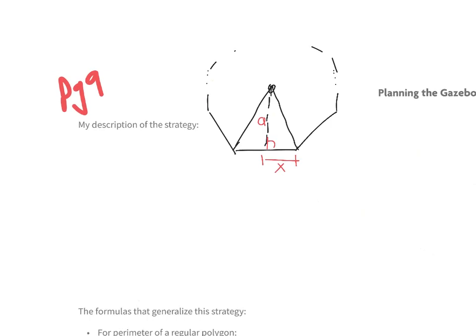Okay, so step 1 is to find the central angle. We need that for any of these. Step 1, we need to find the central angle. All right, so once we find that central angle, and we'll call that angle A, capital A there, that's going to be 360 degrees divided by the number of sides.